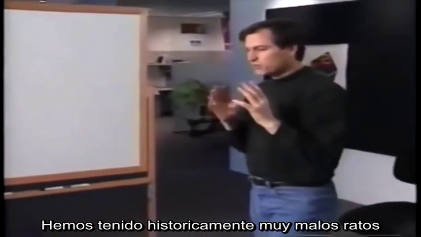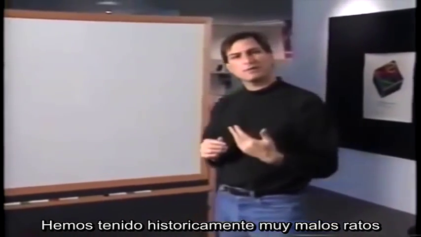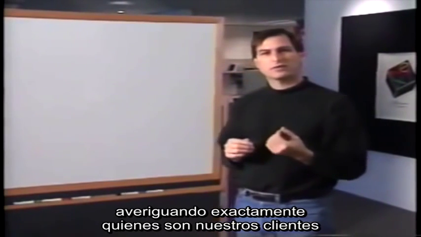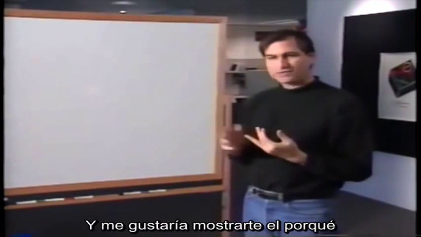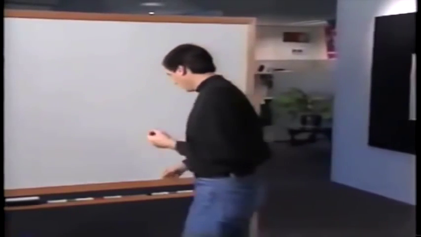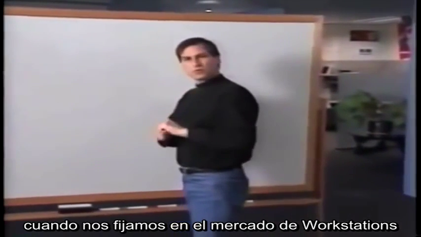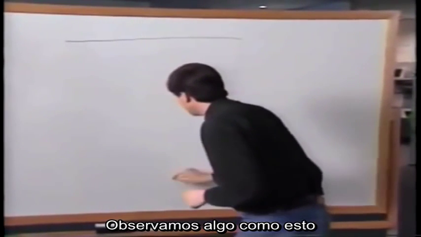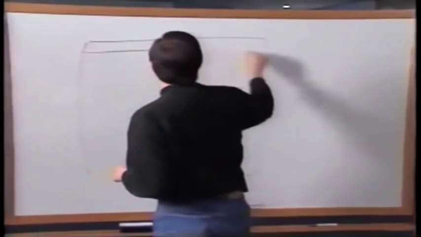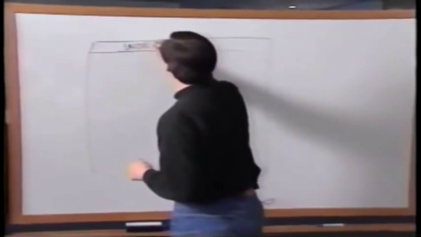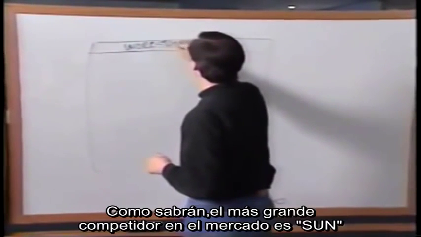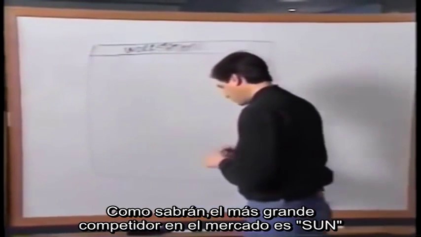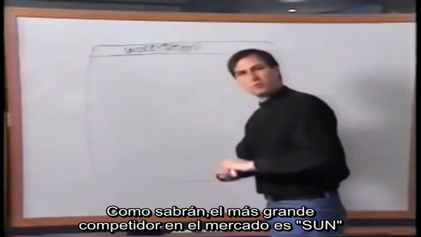We've had historically a very hard time figuring out exactly who our customer was, and I'd like to show you why. When we first look at the workstation marketplace, it looks something like this. And the biggest player, as you know, in the workstation marketplace is Sun.